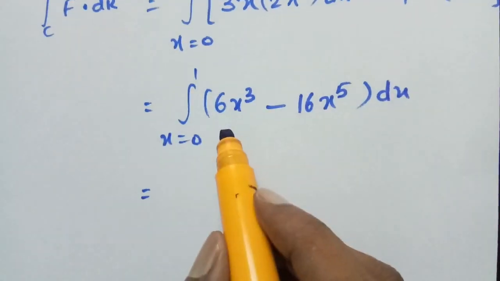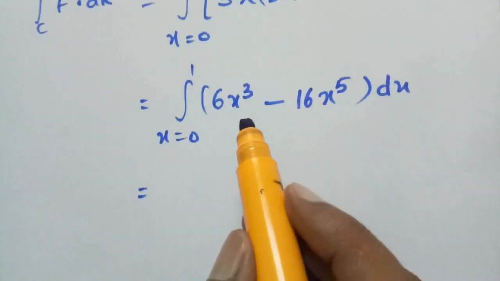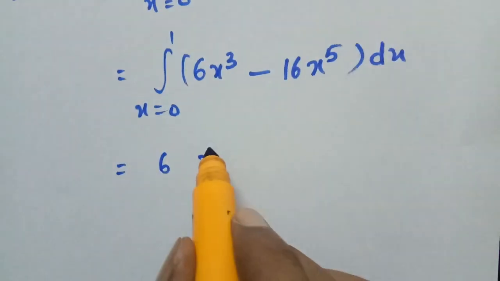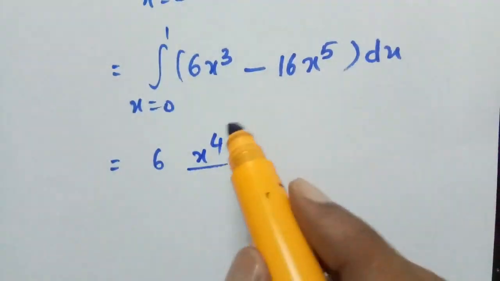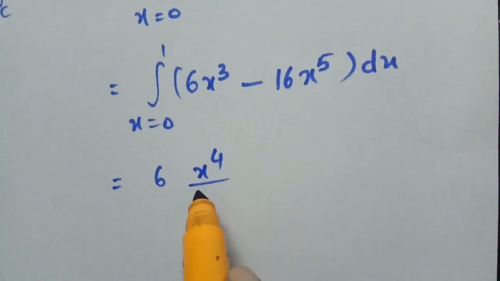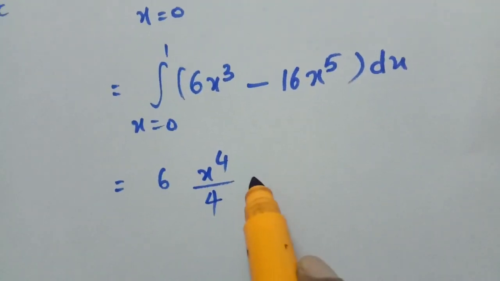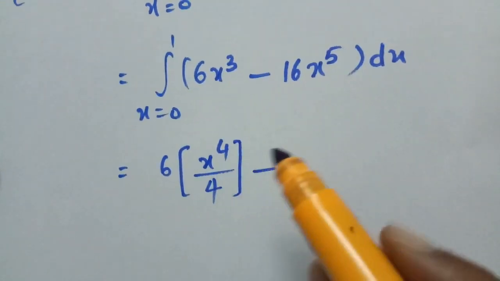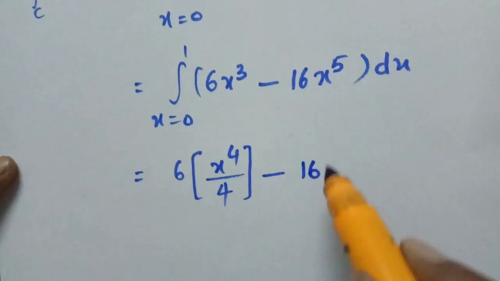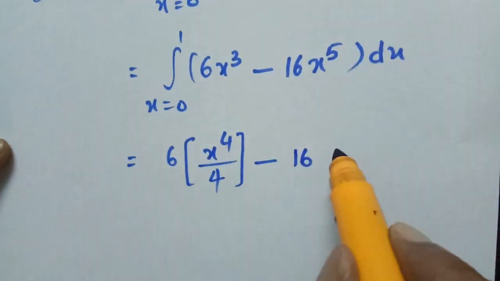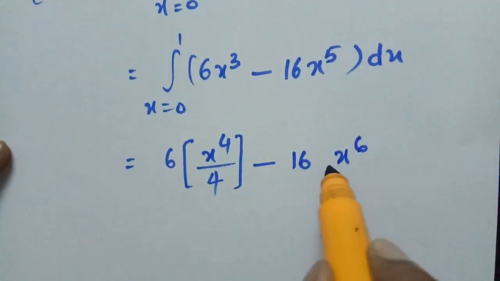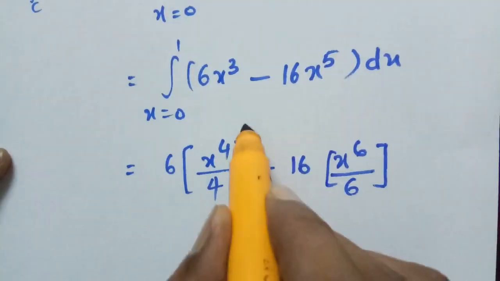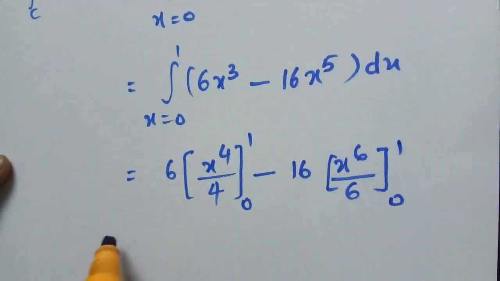Now integrating with respect to x, using the formula x power n integrates to x power n plus 1 by n plus 1: 6 into x power 4 by 4, minus 16 into x power 6 by 6, limits 0 to 1.